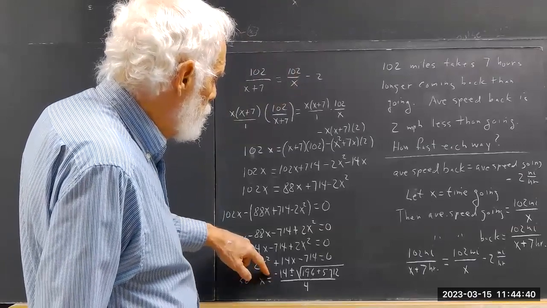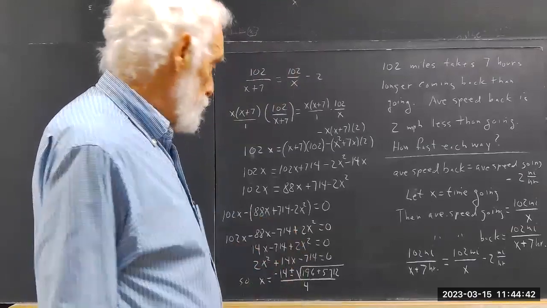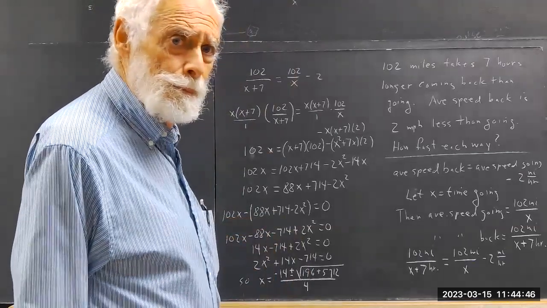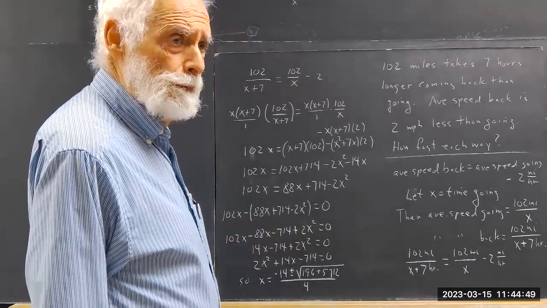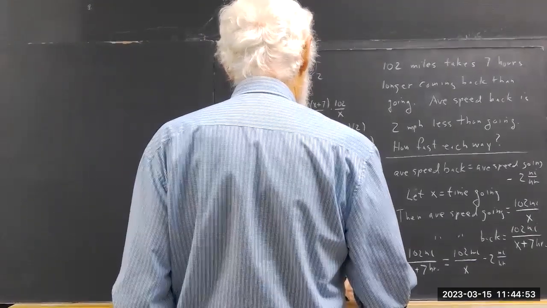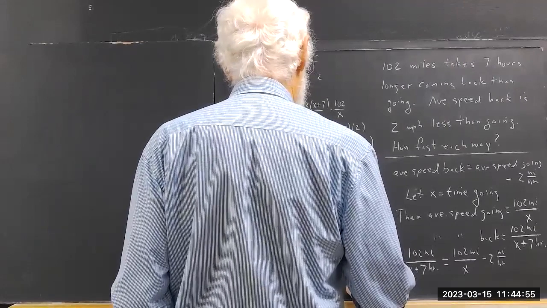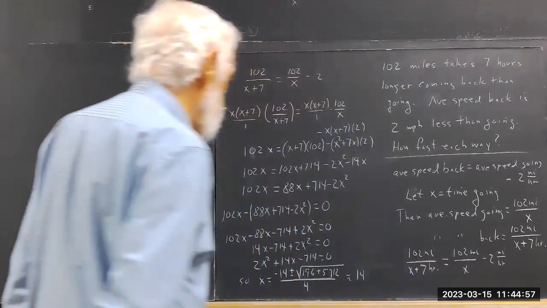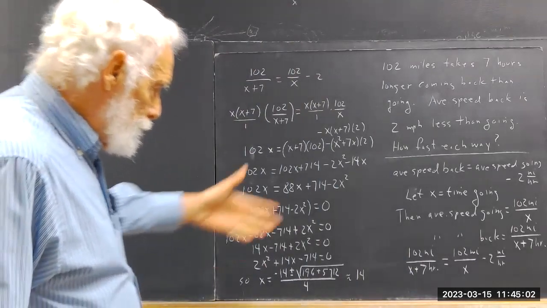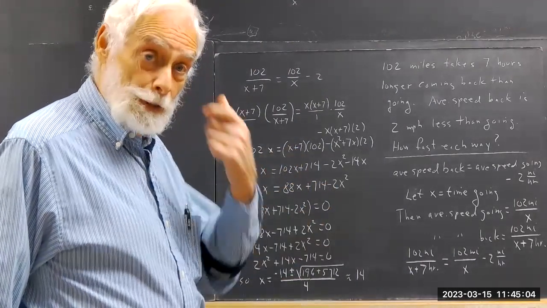Negative 14 plus 77 would be 63. 63 over 4 would be about 14. Did that in my head. But let's see if it checks out.